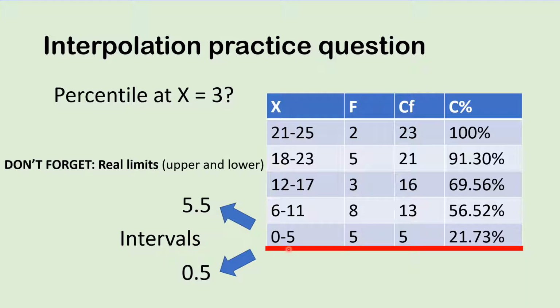So in this example, this interval would have its lower limit at 0.5 and its upper limit at 5.5. So that is the trick here. You're actually using the real limits within this one interval rather than trying to compare two intervals together. And now I'll go to the solution.